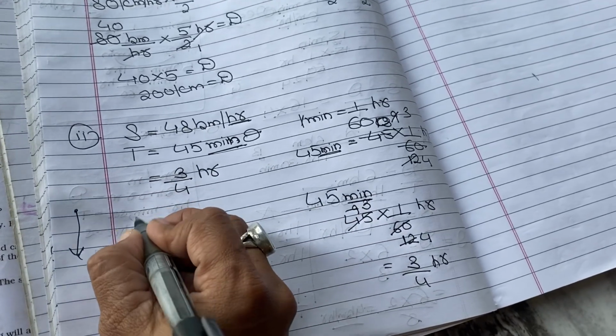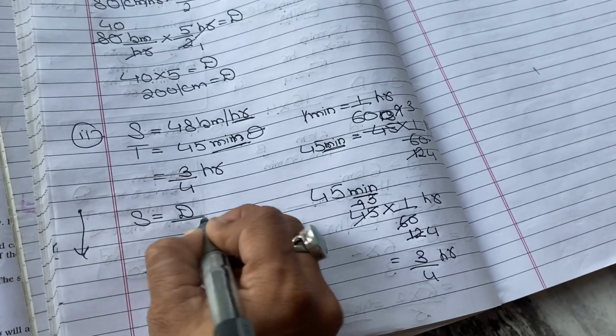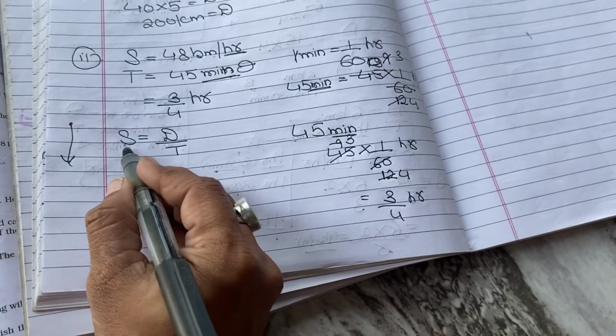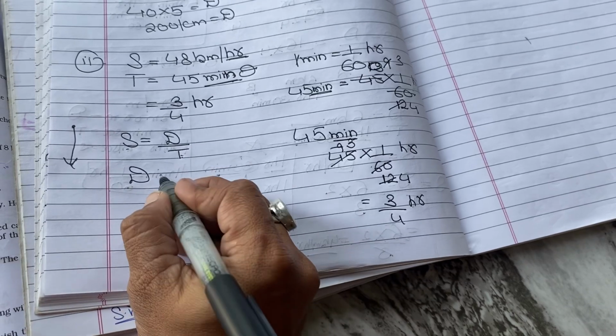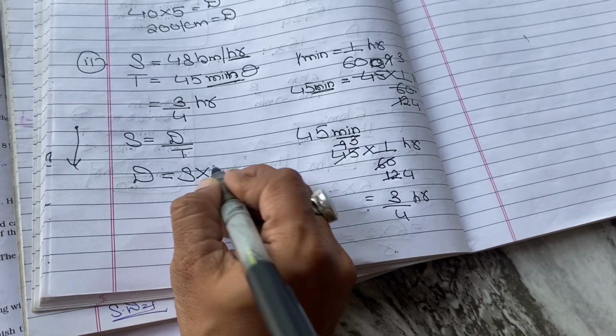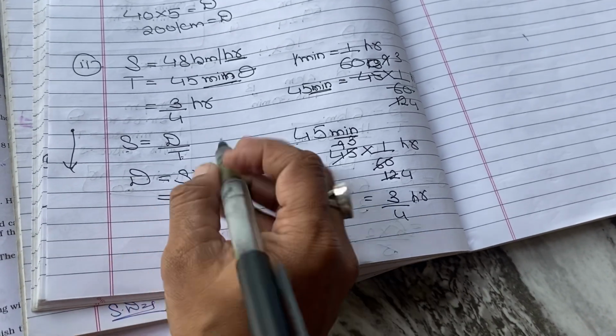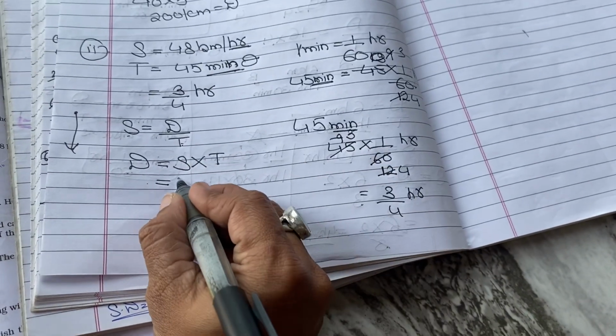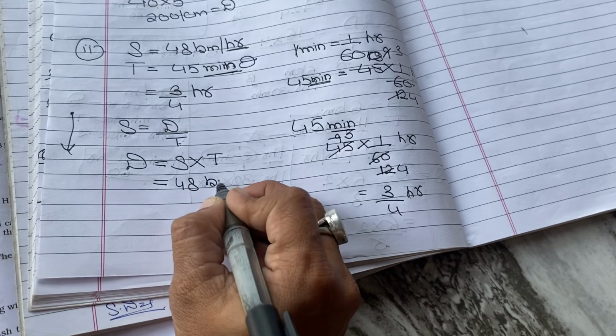I know that speed is equal to distance upon time, and if I have to calculate distance, this is going to be multiplied by this. So speed into time is distance. Speed is 48 kilometer per hour.